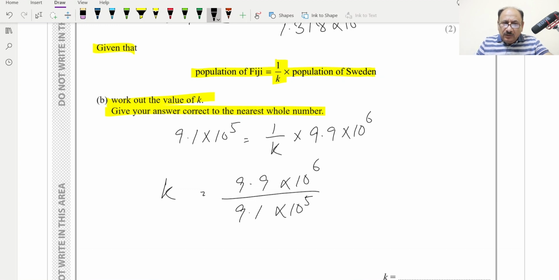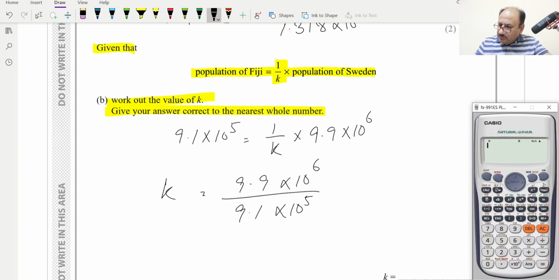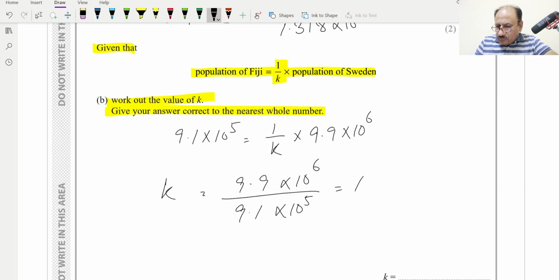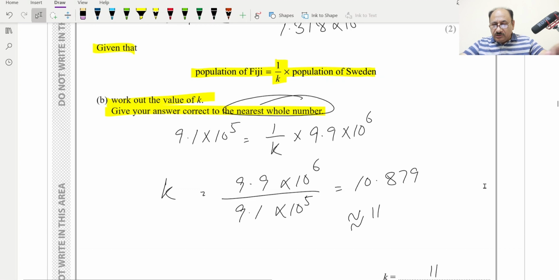We can divide, basically, and this is equal to 10.879. To the nearest whole number, it will be 11, so the k value will be 11.